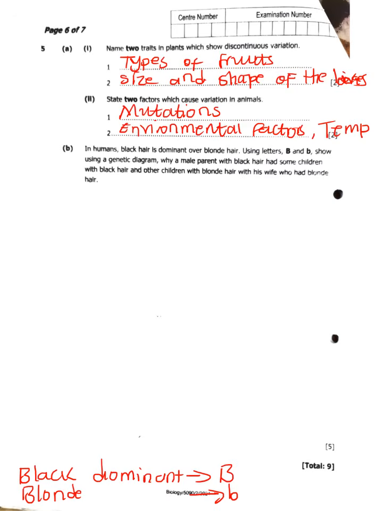Now let's look at this. We are told that the wife had blonde hair. So let's look at the husband here, then we also have this wife. Since these 2 had a mixture, some of their children had black hair and others had blonde hair.